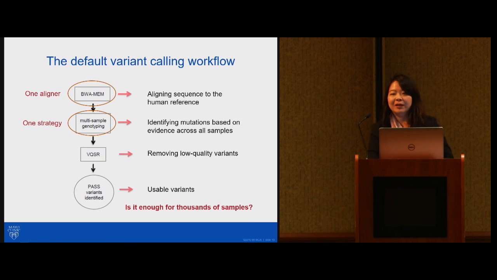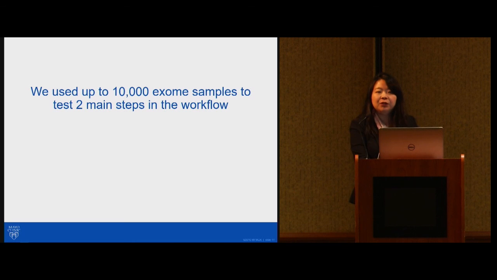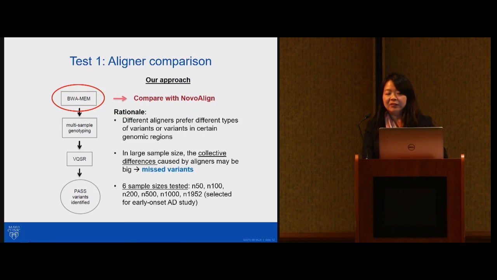So from this workflow, you can see that it typically uses 1 aligner and 1 genotyping strategy. So the question is, is this still enough when we have thousands of samples? To answer that question, we used up to 10,000 exome samples to test the 2 main steps in the workflow. The first test we did is aligner comparison.